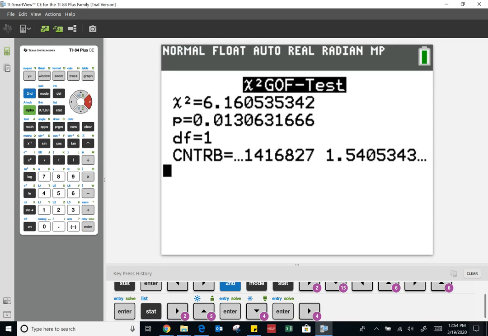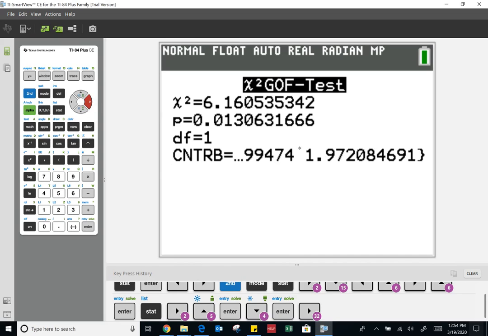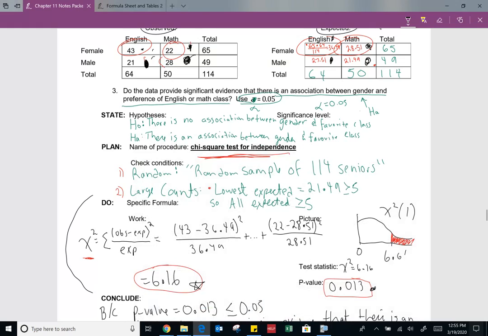And as you scroll over, it's giving you just every single box is how far they were from each other. And so you could use this right here to tell the readers or the graders which one was the farthest from what we expected. And you could see this last number here is the largest, not by a lot, but it's the largest. And so you could say, well, therefore the male math was the farthest away from what we expected it to be. Okay, so that's what that number there is.